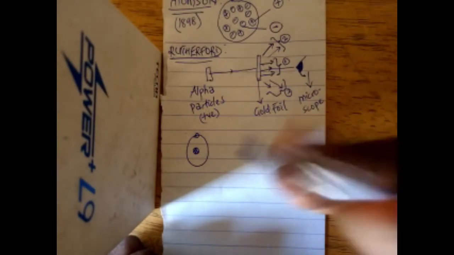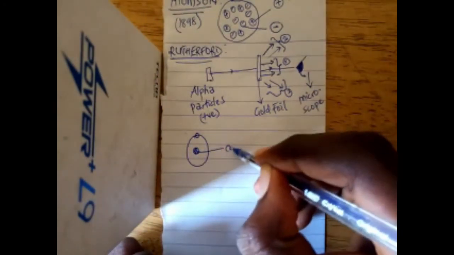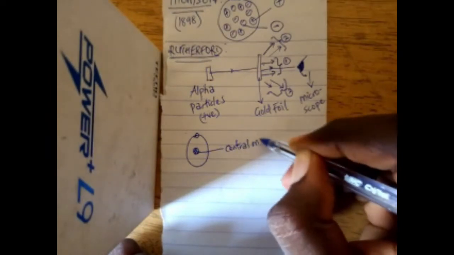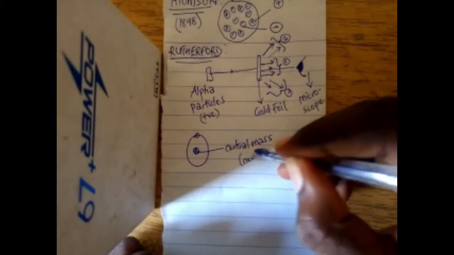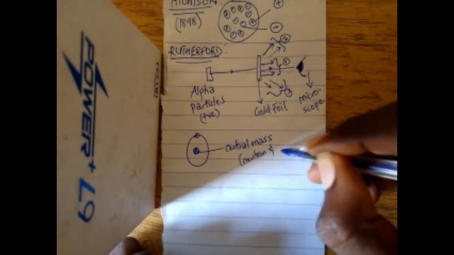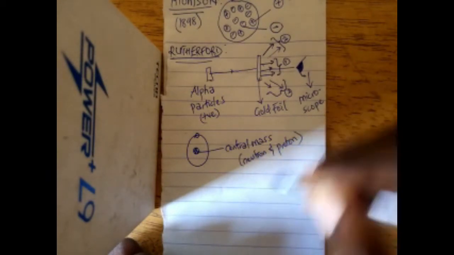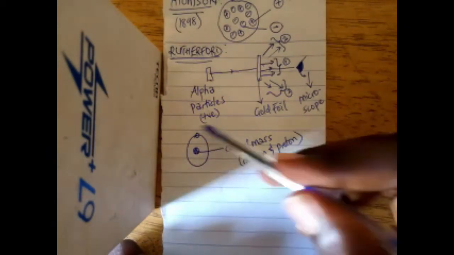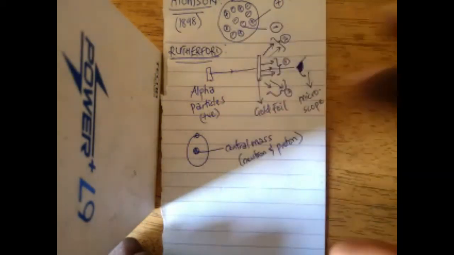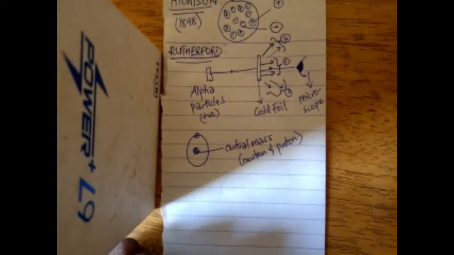An atom has a central mass. This central mass is as a result of the neutron and the proton. It was also Rutherford that was able to establish that we have an orbital system of atoms.